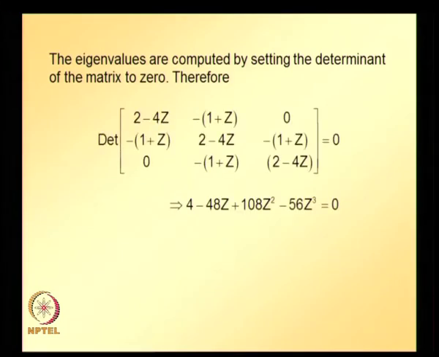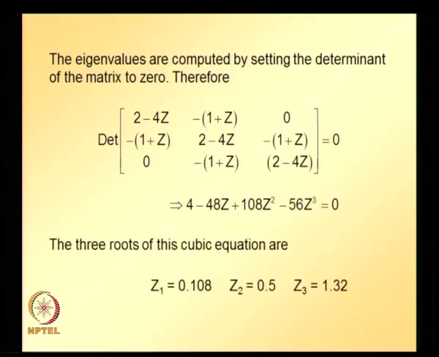When we do that, we are going to get a cubic equation, so we are going to get 3 roots for this cubic equation, and the lowest root corresponds to the first buckling mode of the column.